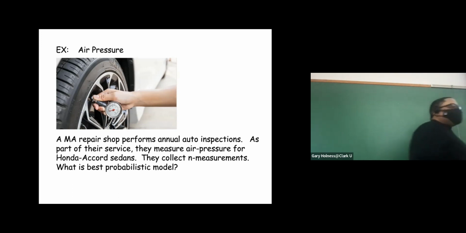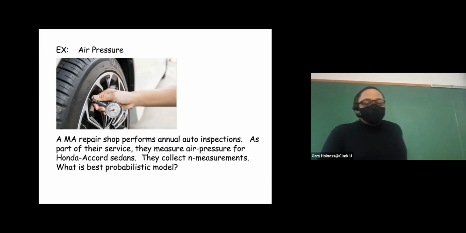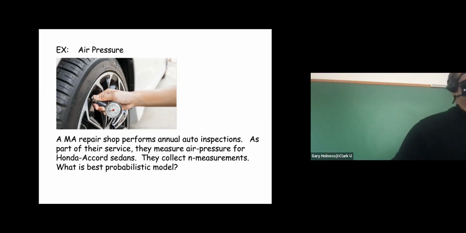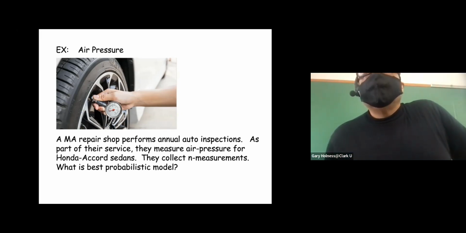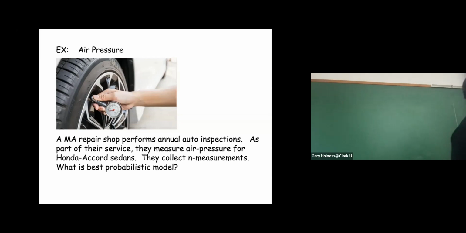Okay. And so let me ask you this kind of related question. Why did I limit this to Honda Accord sedans? What do you think? Take a guess. Yes, because it's a different part of the population.